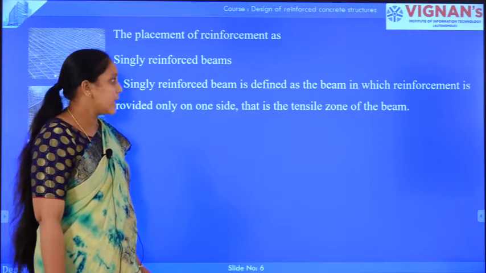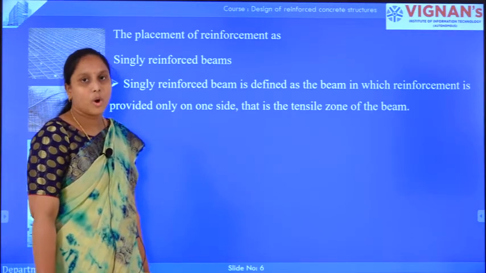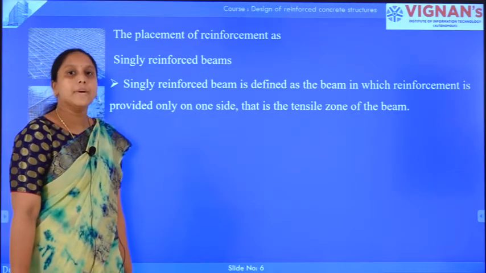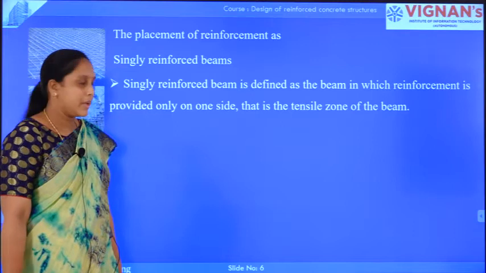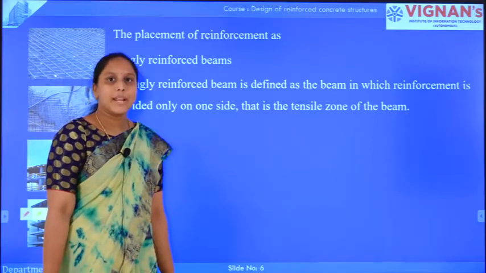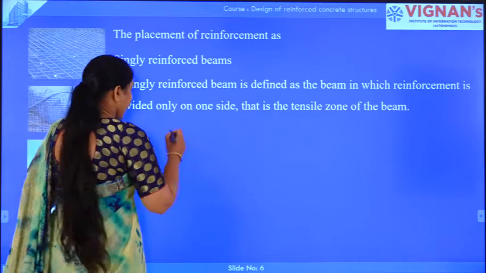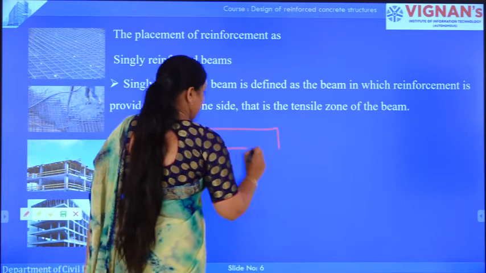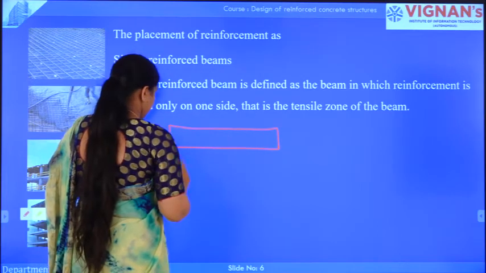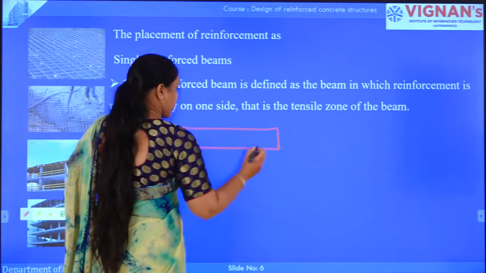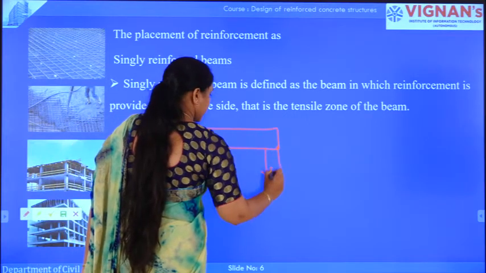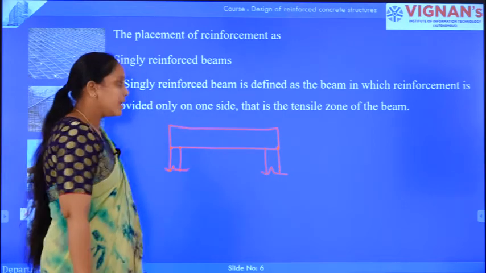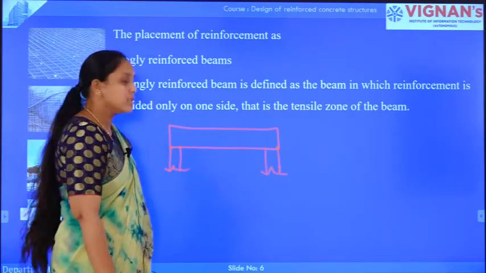First, let us see how reinforcement is provided with an example. Here I am considering the example of a simply supported beam. First, let us draw the simply supported beam. Here I have considered a simply supported beam.